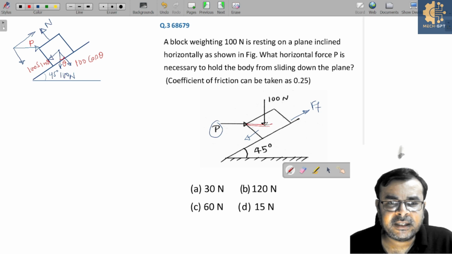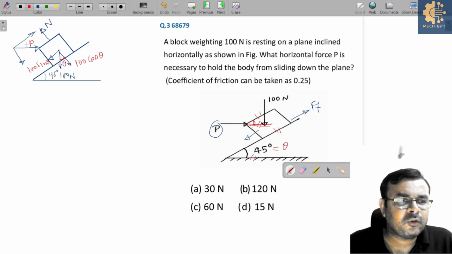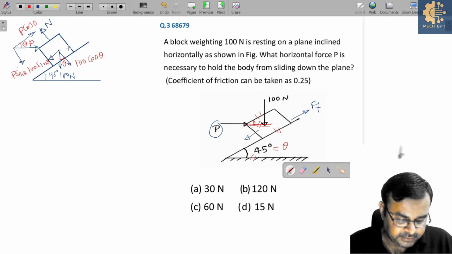So if I extend this line, then obviously this surface is parallel to this and this surface is parallel to this. So can I say this angle is also 45 degree? Yes or no? And theta is nothing but, let us see, this angle is theta. So simply can I say this angle is also theta? So this force is nothing but this is P cos theta and this is P sin theta. Yes or no? Is it clear?